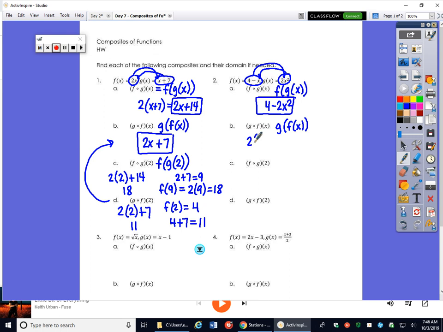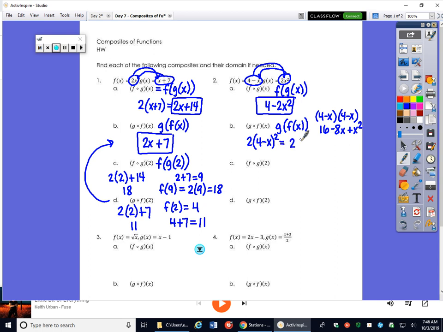So this is going to be 2 times 4 minus x squared. We're going to simplify that. 4 minus x times 4 minus x is going to be 16 minus 8x plus x squared. You'll have to do the box method, or FOIL, or distributing, however you'd like.